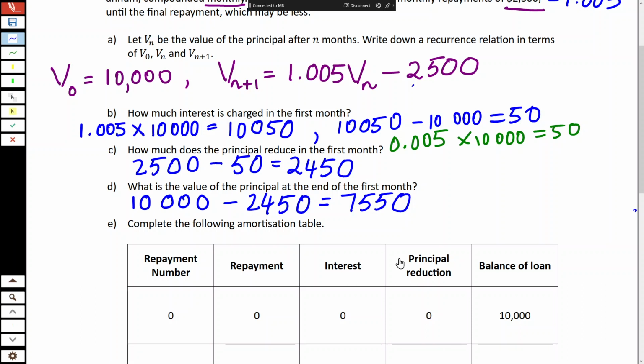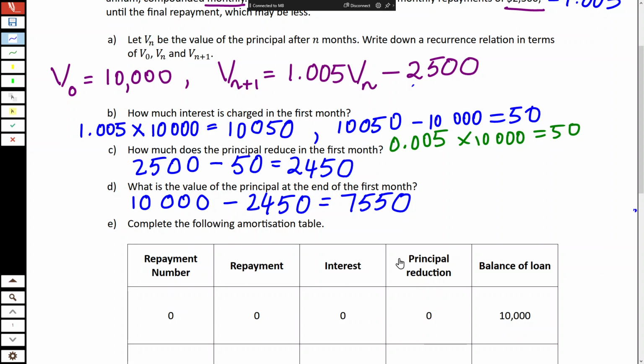Question C, why does it refer to DB? Say that again. In the third question, it refers to 2,500 as the principal, but isn't the principal 2,000? Yeah, part C is asking how much does the principal reduce? So how much does it change? Does that make sense? So it changes by 2,450 going downwards, and its new value is 7,550.